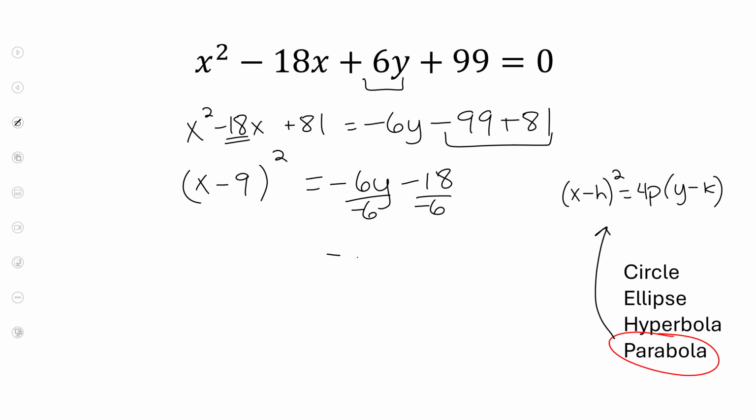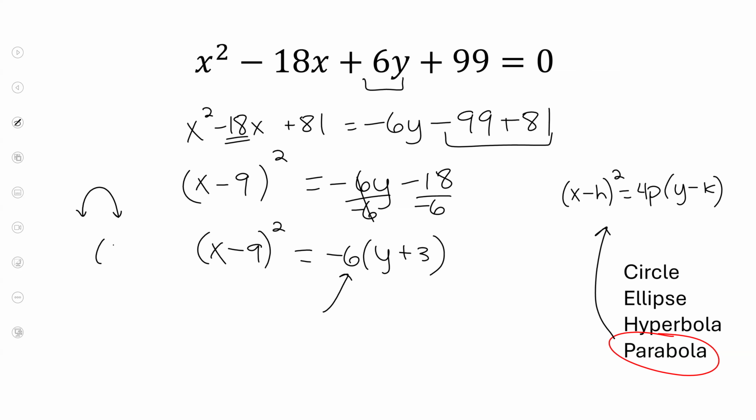So this will be negative 6 times y plus 3. And now it's in the proper format. The p-value is negative, so I know this will face down. So my vertex is at 9, negative 3.